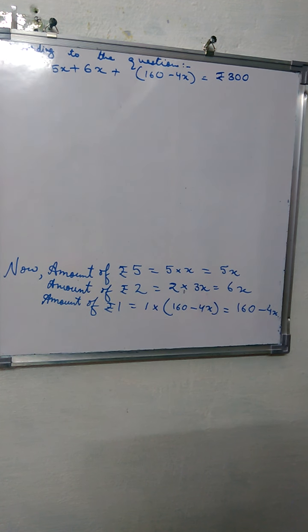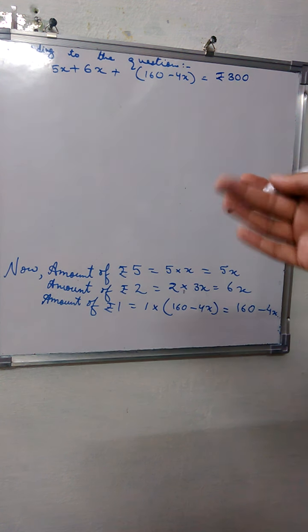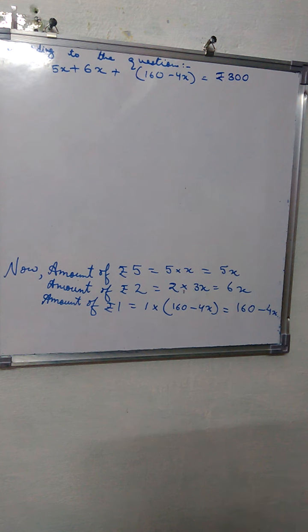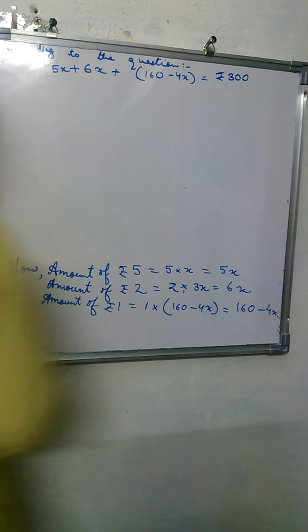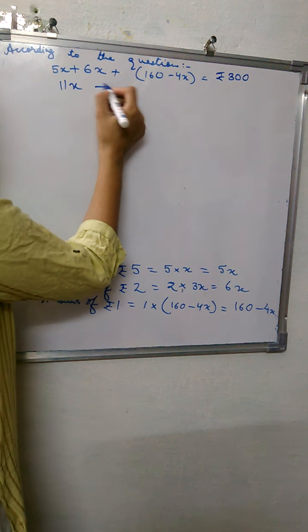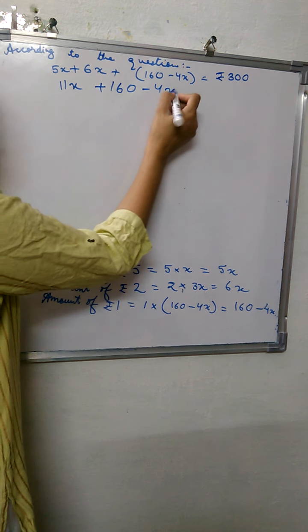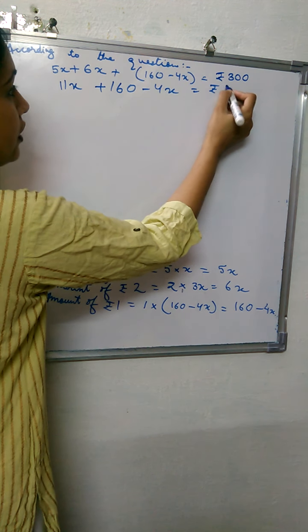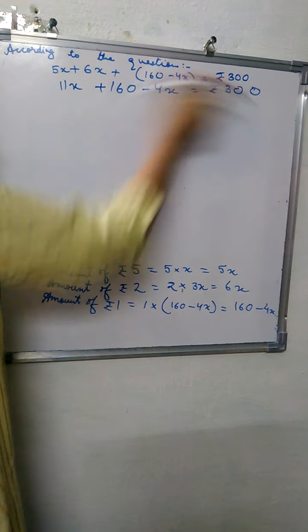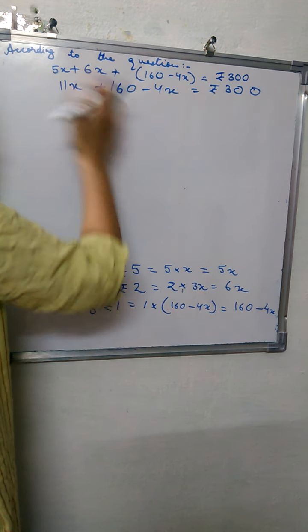So according to the question, 5x plus 6x plus the value of the rupees 1 coins is equal to 300. Now from here we are going to find the value of x. So 5x plus 6x gives us 11x, plus 160 minus 4x is equal to rupees 300. Now all the constants go to one side, all the variables on one side.